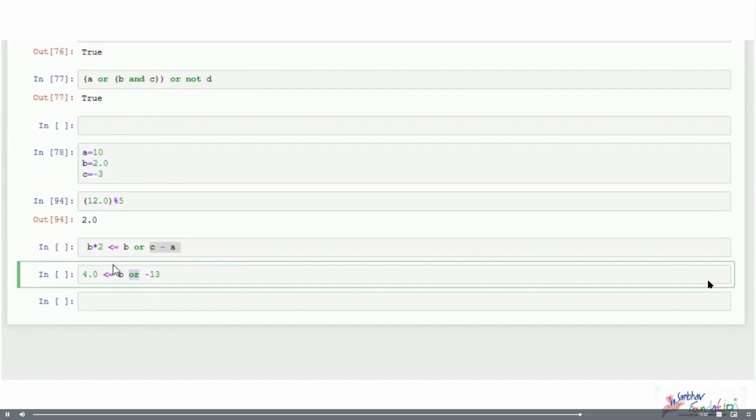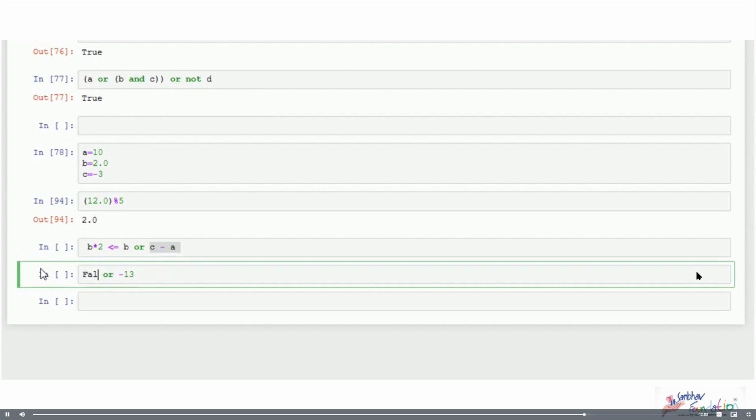So first evaluate this: is 4 less than or equal to b? b is 2.0, so 4.0 less than or equal to 2.0 is false. The result of a comparison operator is always either true or false.